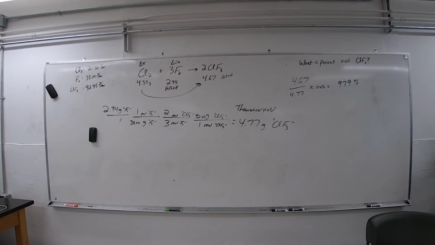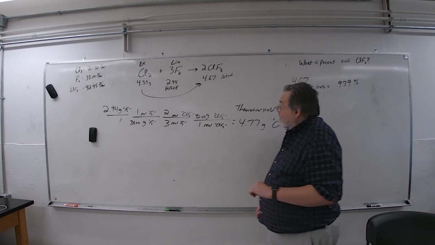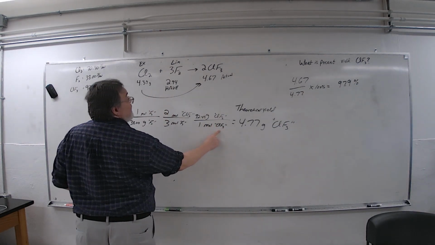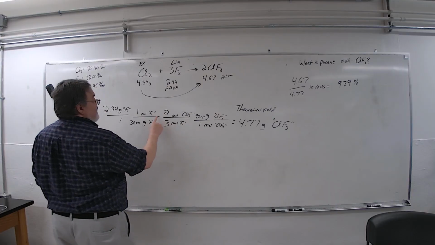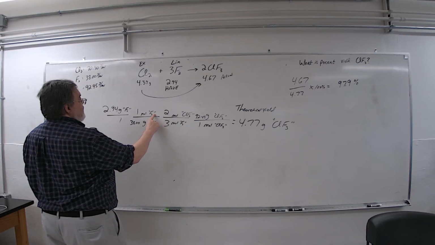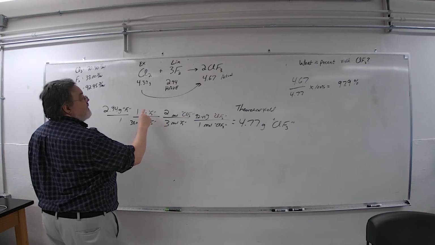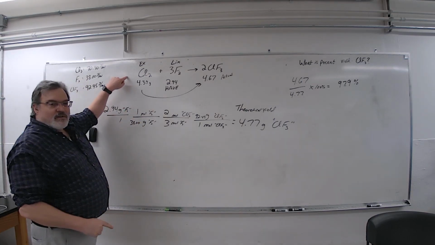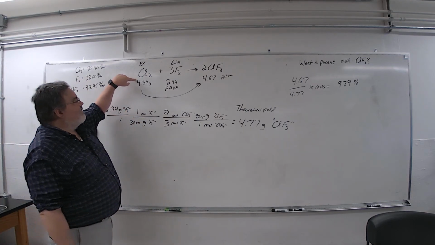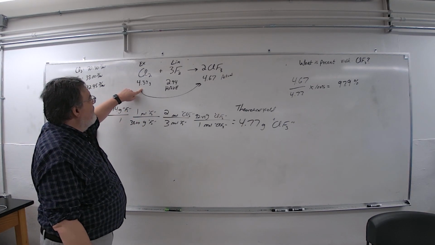Let's do. Wait, you're supposed to do the limiting one, right? Do what? Not Cl2, that's excess. ClF3? No, like if you want an error from Cl2 to ClF3. Here? Yes, sir. You have an error. Oh.